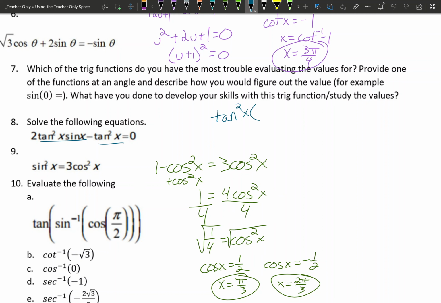So we have tangent squared x multiplied by 2 sine of x minus 1 is equal to 0. You can always check your factoring by distributing again, and if you distribute and get the same thing, you have factored correctly. We set each of these equal to 0.